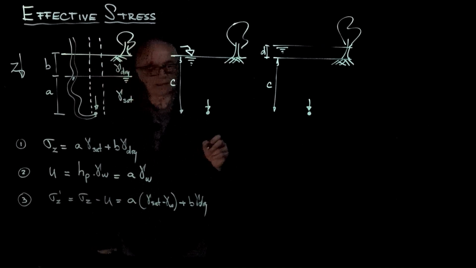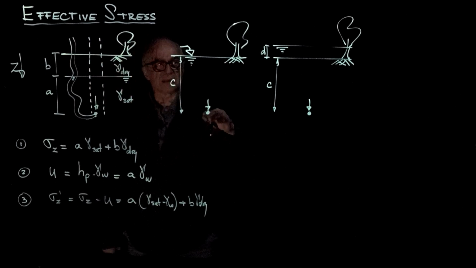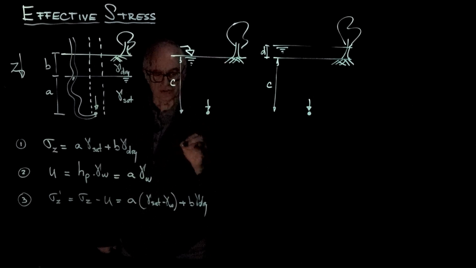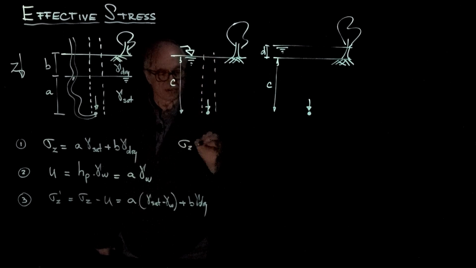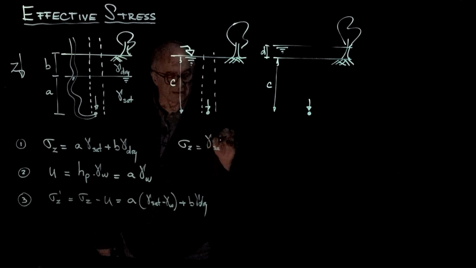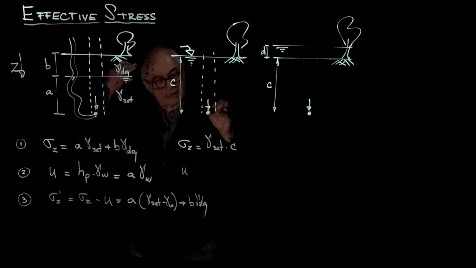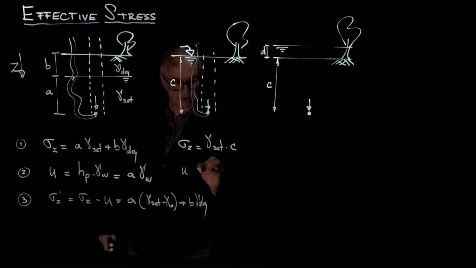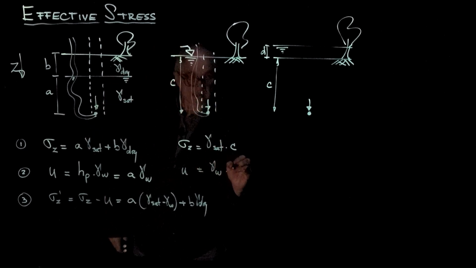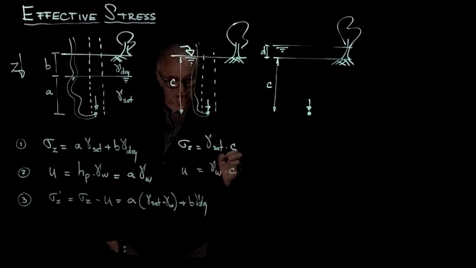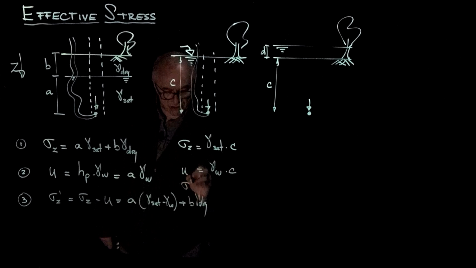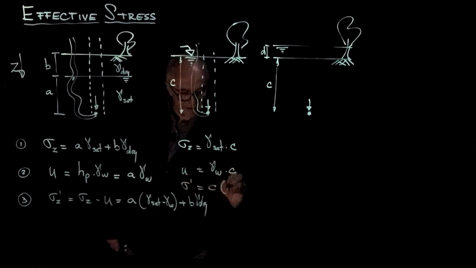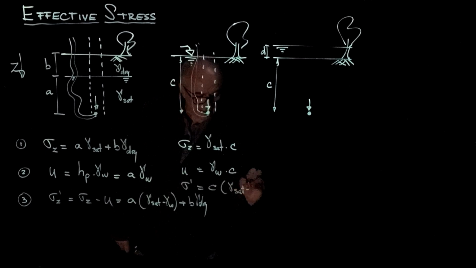And so this is case C, and in case C, everything is saturated, so the total stress is going to be equal to the weight of everything above the point, which is equal to gamma sat times C. The fluid pressure, if we put in our mind a piezometer that goes all the way up, it goes all the way to C, so this is gamma water times C. And therefore, the effective stress in this case will be equal to C times (gamma saturated minus gamma water).